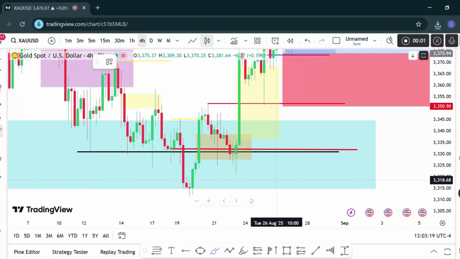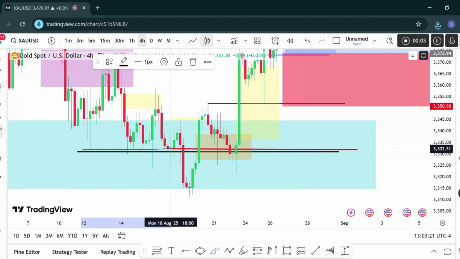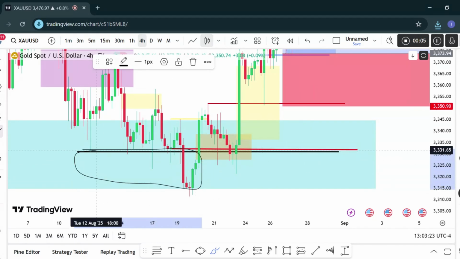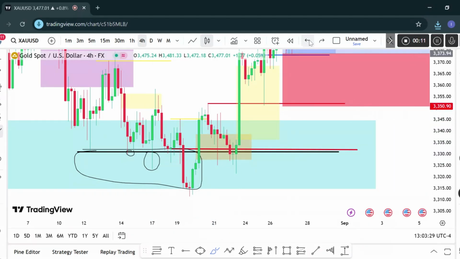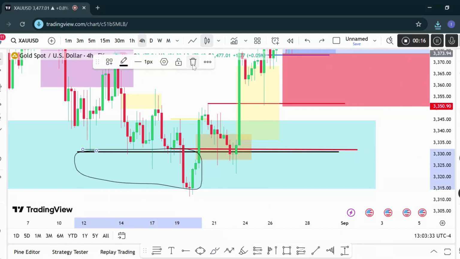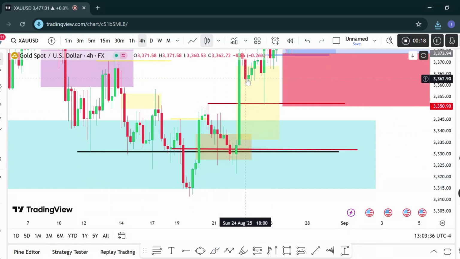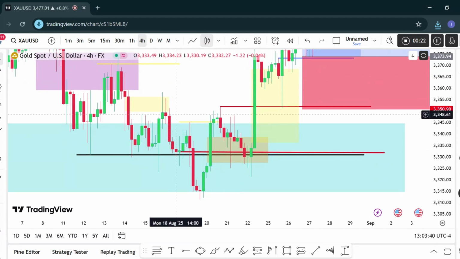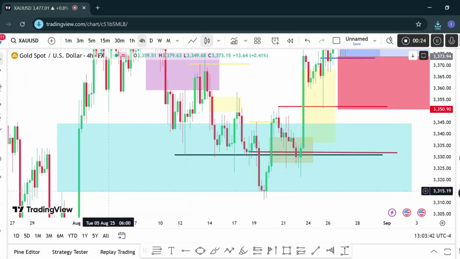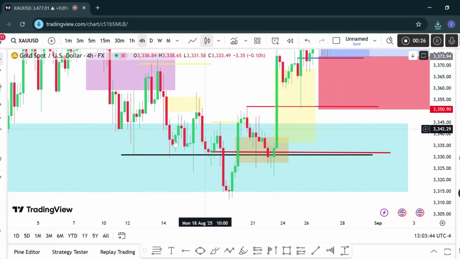Basically I didn't catch that one, but let me tell you what you need to do here. After the market takes all of this liquidity, look how many times it took liquidity, but it's not real until we get that market structure shift. This is a real market structure shift, which means now this is our pool of liquidity being smoked. Now we want to go higher. So the market makers need to create this illusion that they created in the daily time frame, they need to create it in the lower time frame.